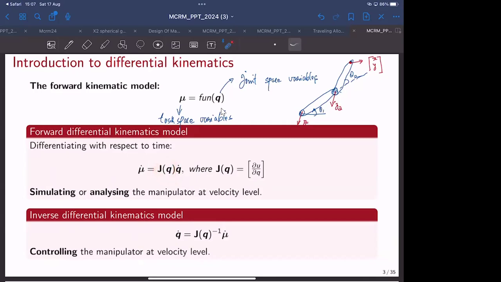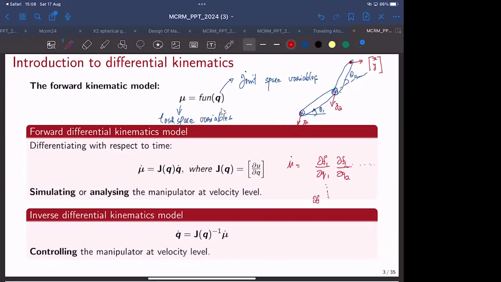And this is nothing but the partial derivative of the task space variables with respect to the joint space variables. For example, if you are given a function mu as a function of q, then mu dot would be the partial derivatives: dou f1 by dou q1, dou f1 by dou q2, and so on.